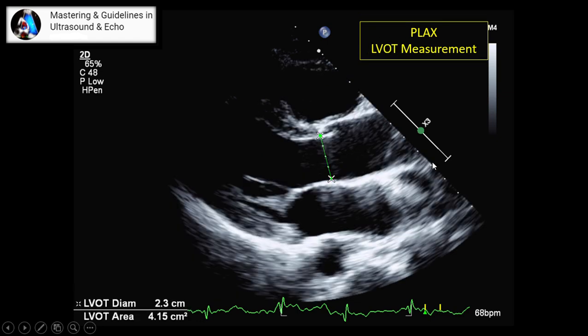After that, we measure the most important parameter in echocardiography, and that is the LVOT diameter. LVOT diameter can be measured at any spot, from the aortic valve hinge to 5 millimeters toward the left ventricle, from the aortic root to 5 millimeters to the side of the left ventricle, here to here, any spot.